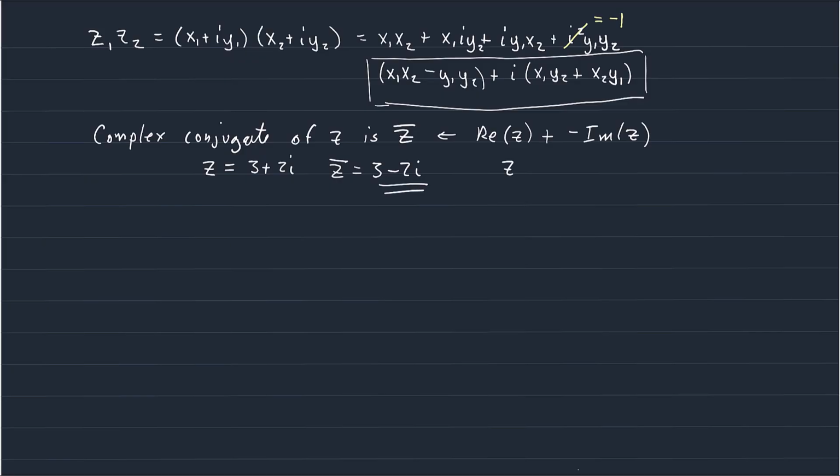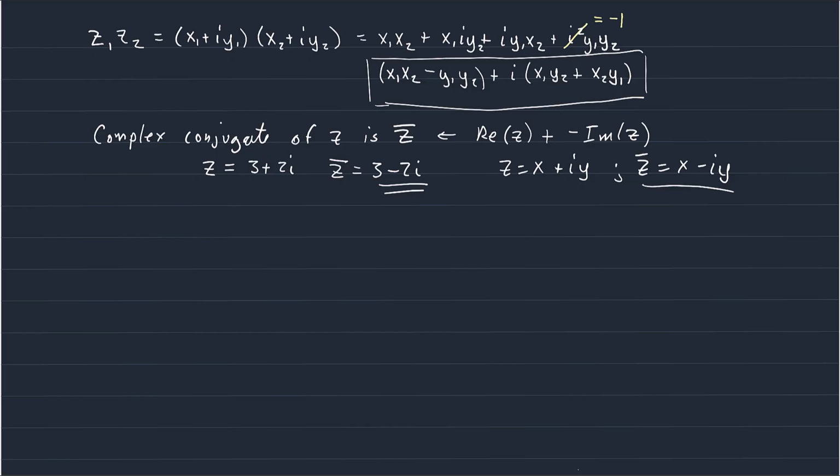So in general, if z is equal to x plus iy, then z bar would be x minus iy. Sorry, I don't need the subscripts if I'm just using a general z here.